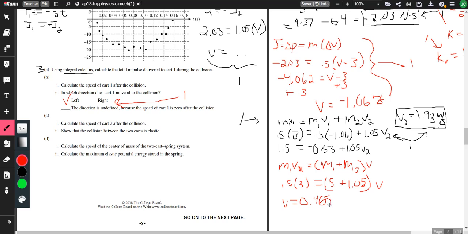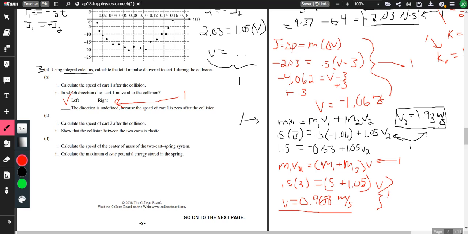It's going to do it to 2 sig figs, but I'll do it to 3. I get 0.968 meters per second. This question was worth 2 points, essentially 1 point for this and 1 point for this work.